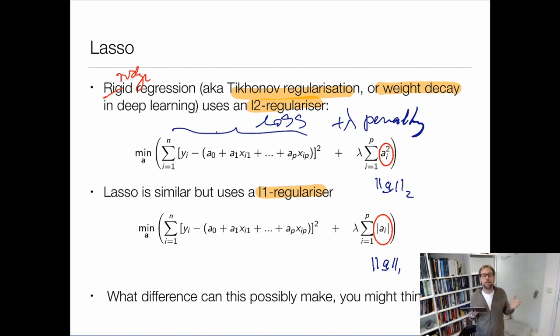But if I choose lambda being infinite or C being 0, then all coefficients go to 0. If I vary lambda continuously, more and more of these coefficients will effectively go to 0 and disappear.